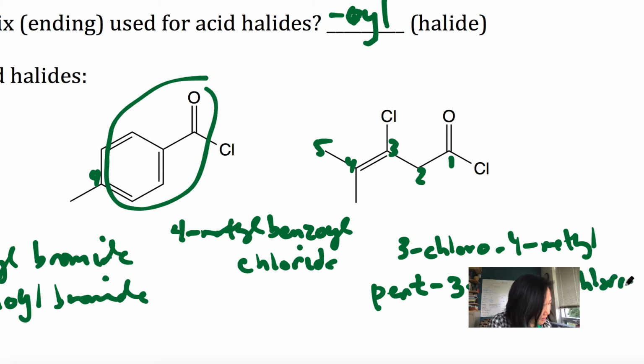And do we need E or Z? We do need to know, no, we don't need to know, because this and this are methyl, so it's symmetrical, so we don't have an E or Z. But if there wasn't, we would need an E or Z or cis or trans.